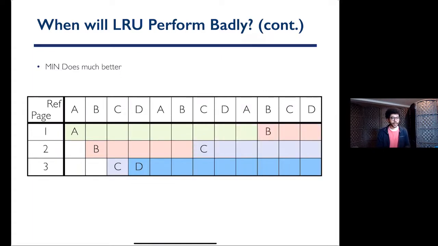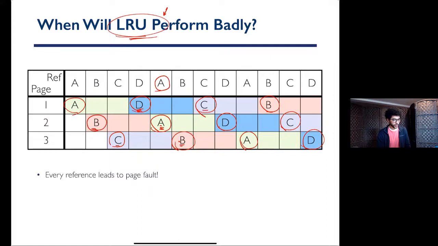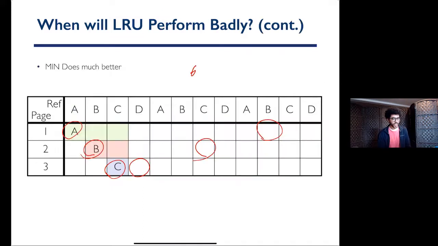I'm not going to run it, but it is going to do 1, 2, 3, 4, 5, 6, so 6 page faults. LRU had 1, 2, 3, 4, 5, 6, 7, 8, 9, 10, 11, 12. So 12 page faults for LRU, whereas the optimal only has 6, so twice as many.